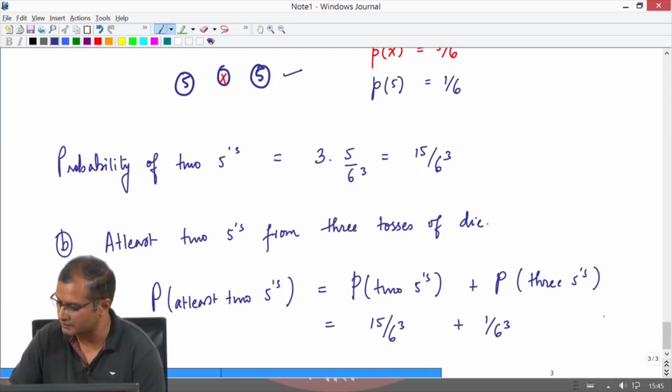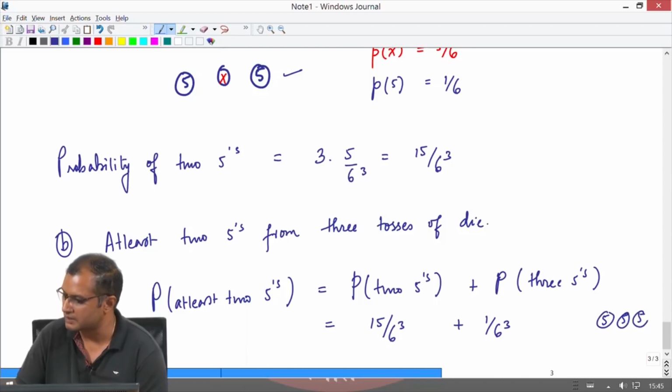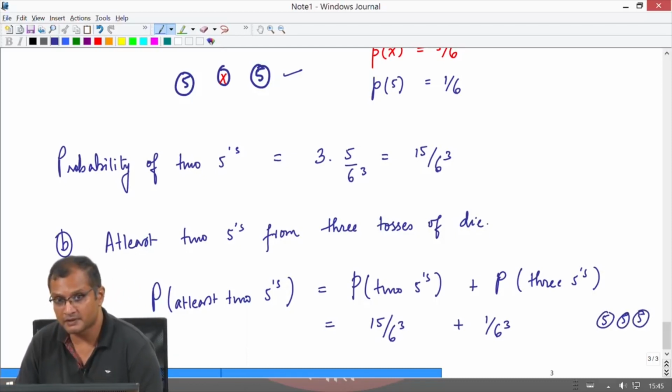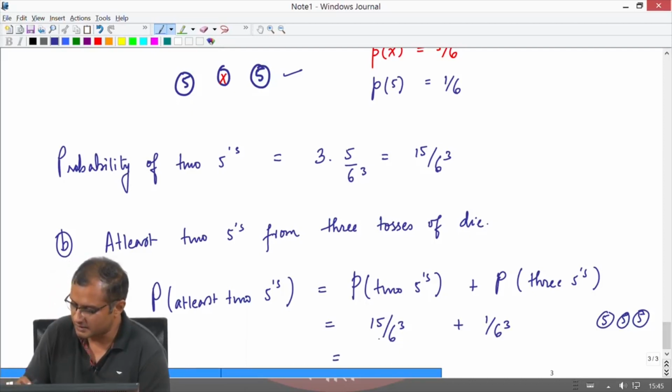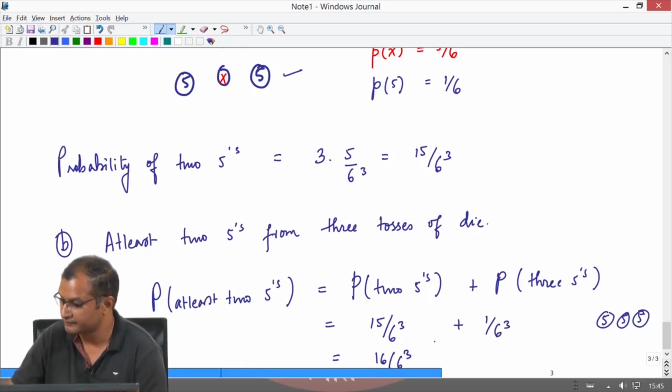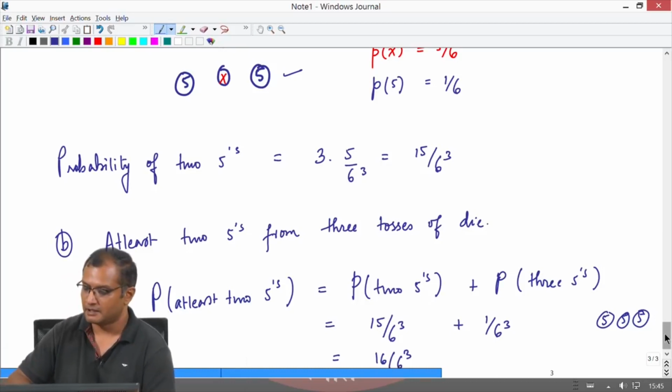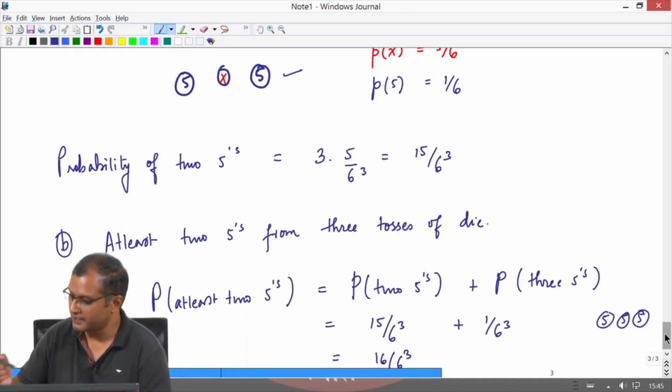So, you can get 5 and a 5 and a 5, and that is it, just one combination of 3 5s out of the 6 to the power 3 ways. So, the answer here is nothing but 16 by 6 to the power 3. Okay. So, this is one way to solve it.